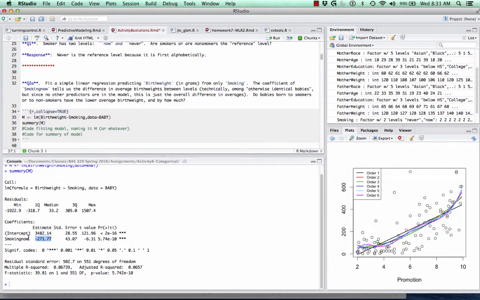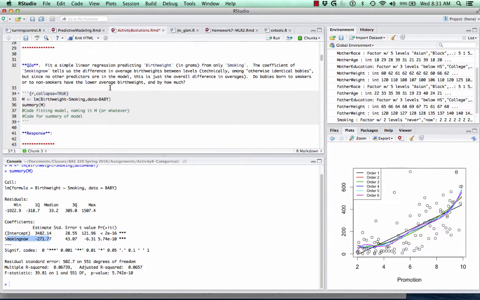What we see is that the coefficient of smoking now is minus 271. The units of birth weight are grams, so this tells us the difference in average birth weights between smokers and non-smokers is 271 grams. Since it's negative, mothers who are smoking now have an average birth weight that is 271 grams less than mothers who have never smoked.